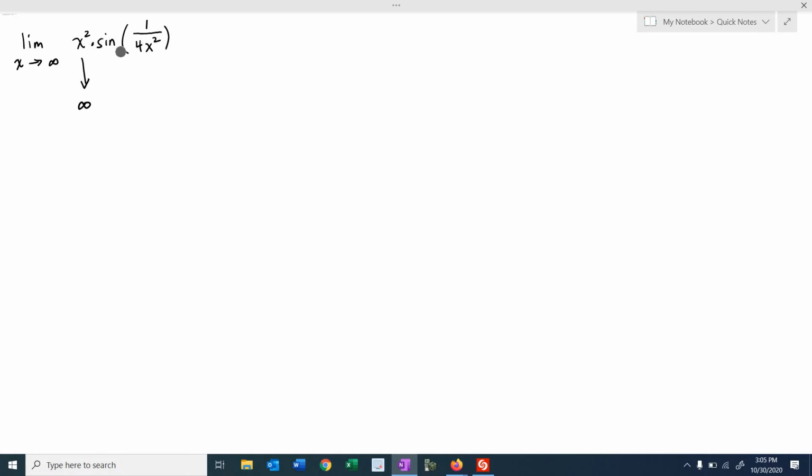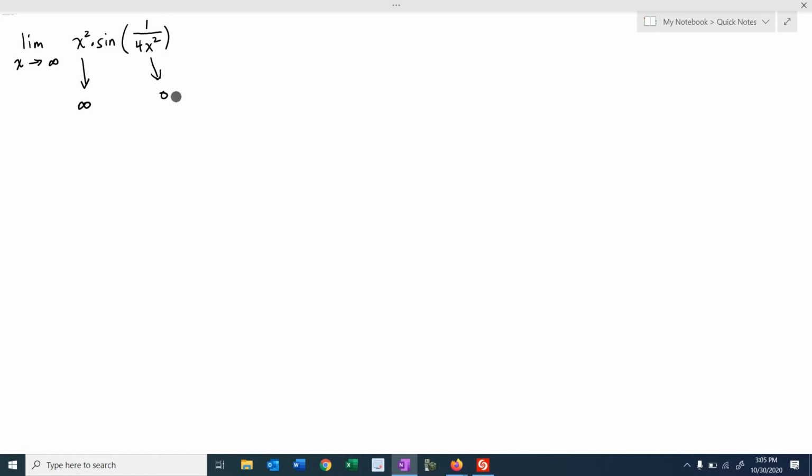The second function is actually going to head towards 0. And that's because as x gets larger, 1 over 4x squared is just going to get closer to 0. And of course, sine of 0 is actually 0. Now, keep in mind that this actually never reaches 0. It just gets closer to 0 as x gets larger.